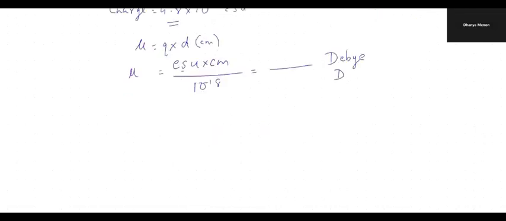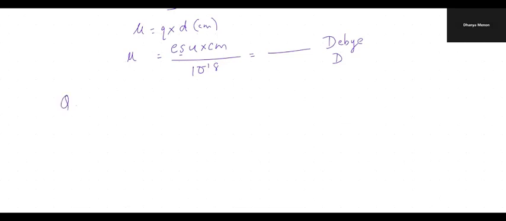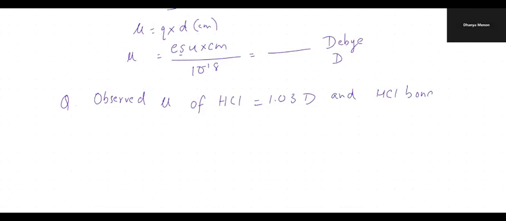For example, one question. The observed dipole moment mu of HCl is 1.03 D, and the HCl bond length is 1.275 Angstrom.